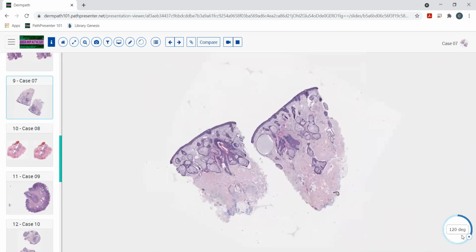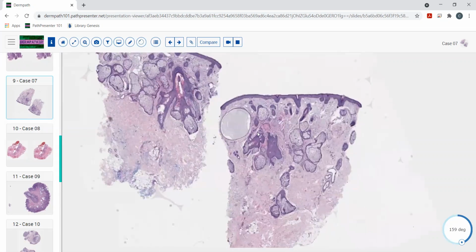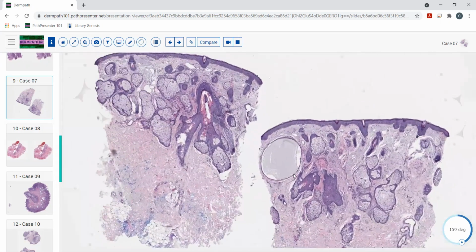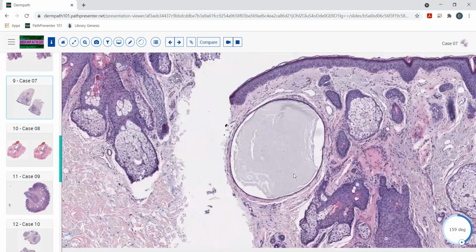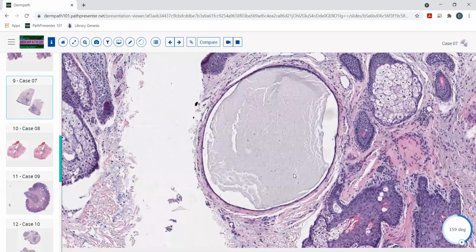So we've seen follicular cysts, cysts lined by the epithelium of the hair follicle. Now we have a cyst that's lined by the epithelium of an eccrine gland. So this is occurring probably at the level of the eccrine sweat duct.